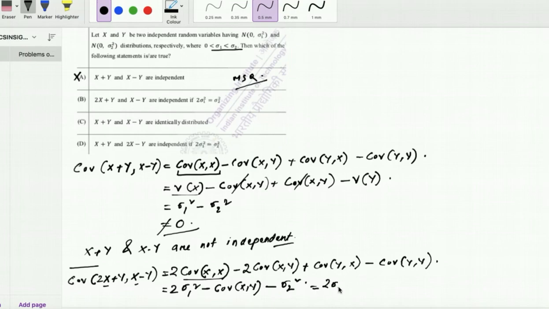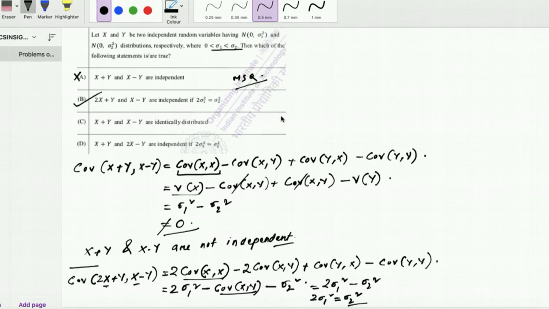This is equal to twice sigma 1 square. This is 0 as X and Y are given to be independent, minus sigma 2 square. Now these two variables, linear combinations of X and Y, twice X plus Y and X minus Y, will be independent if twice sigma 1 square is equal to sigma 2 square. Only then the covariance will be 0. So number B is correct.